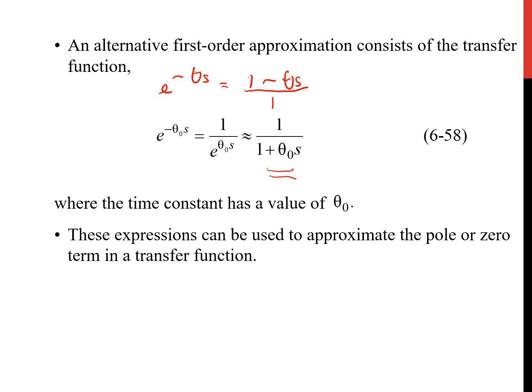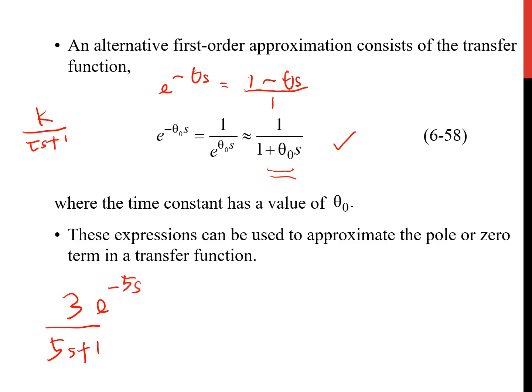Usually this one is much more favorable, because for the transfer function you have K over tau s plus 1. For example, you have a first order, 3 over 5s plus 1 exponent negative 5s.